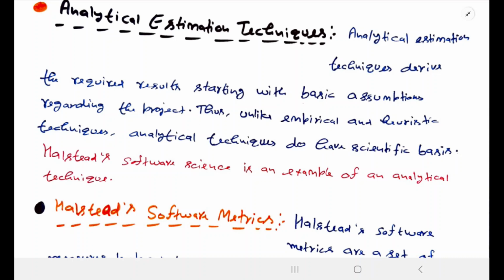As in empirical and heuristic, there was no scientific basis. Here, there is a famous scientist named Halsted, Maurice Halsted. He provided the scientific basis to estimate the project and provided some scientific rules to estimate these parameters.